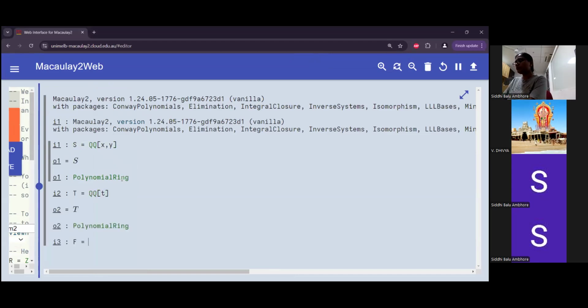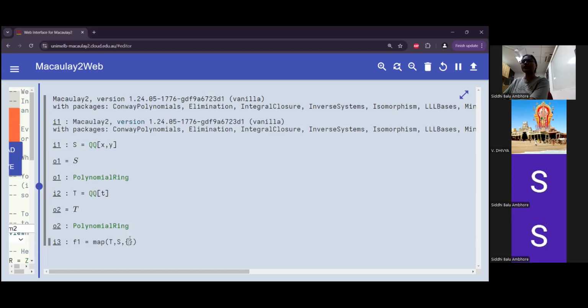Then my map f, let me call it f1 for now because we will see the kernel of multiple maps. Map from S to T. In Macaulay2, when we give a map from S to T, we write it like this: first we enter T, then S to define the map. And in this bracket, the first entry is where we are sending x.